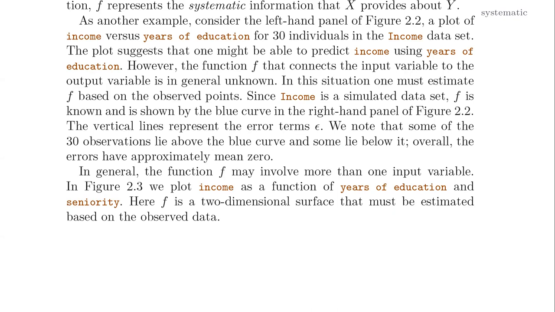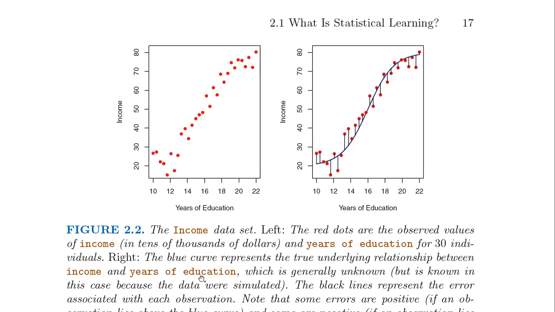We're trying to forecast, predict income. This time around, as a function of two variables, years of education and seniority. Now, what do we even mean by seniority? Let's have a look. Here, f is a two-dimensional surface that must be estimated based on the observed data.